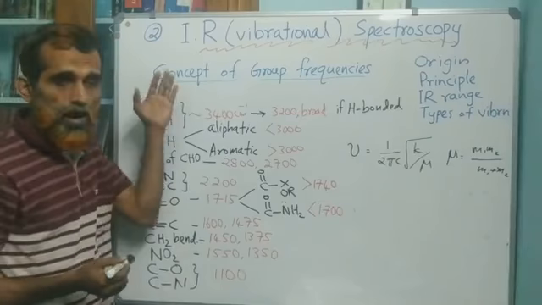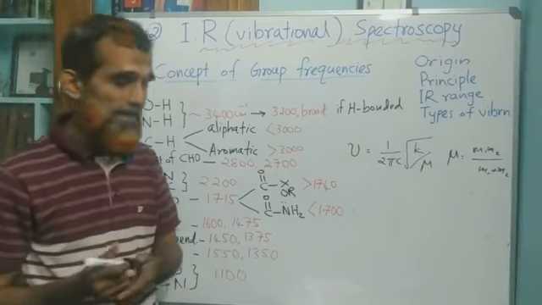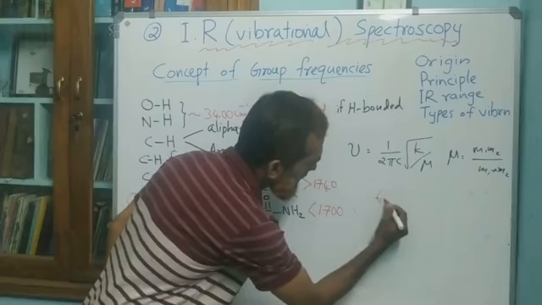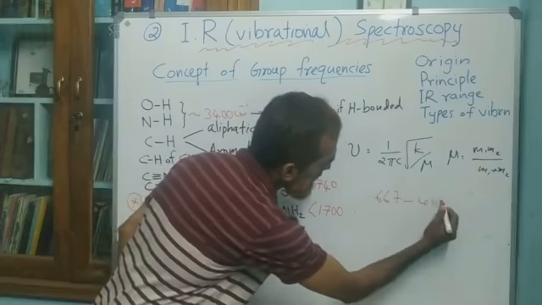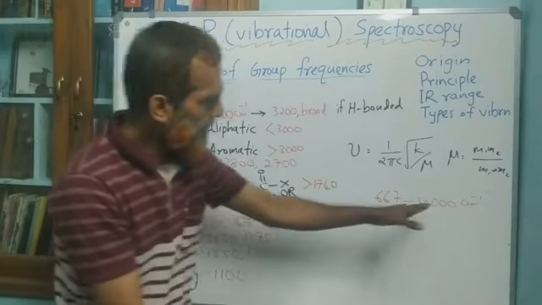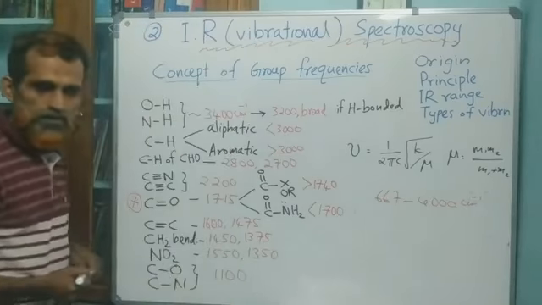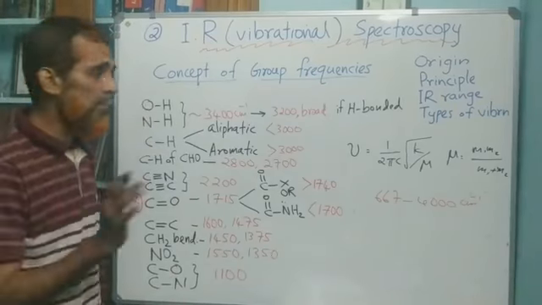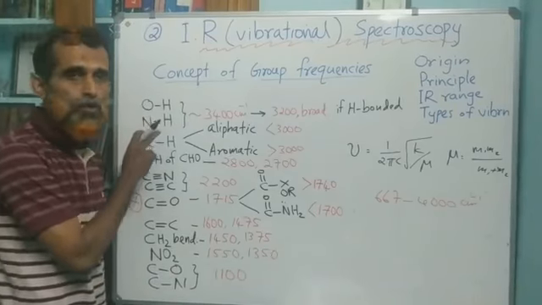We are going from higher to lower values. I have told you already that we are concerned with the middle IR range, ranging from 667 to 4000 centimeter inverse. So we are coming from higher to lower value. Look, the first two groups have the highest IR frequency values, OH and NH. Where do you find these?